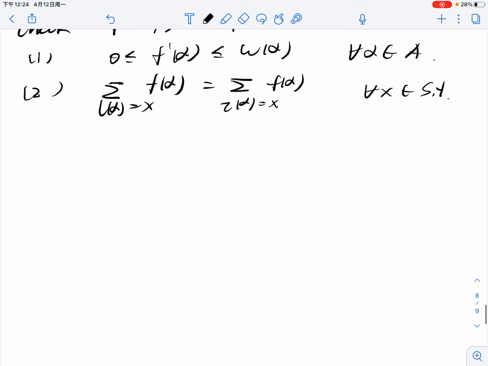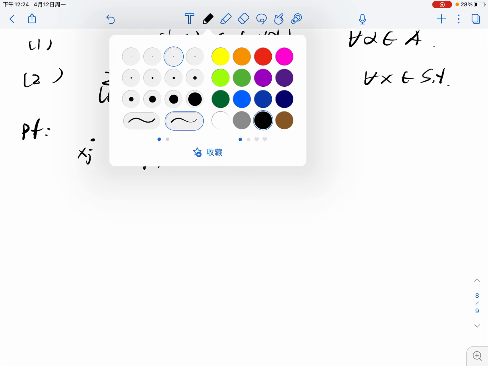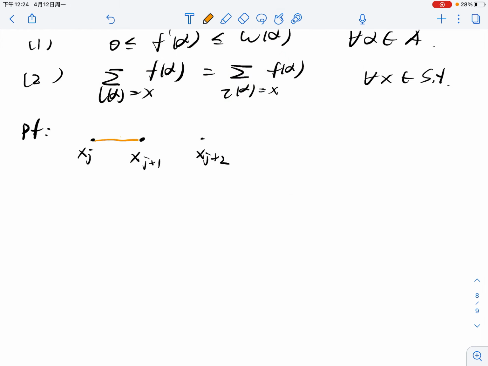So this is a little bit more complicated than we thought. We have 3 cases actually. Let's focus on xj plus 1. Okay, and then we have 3 cases.